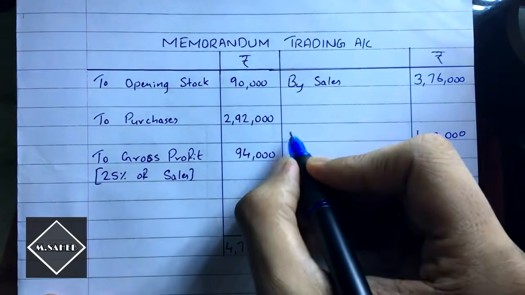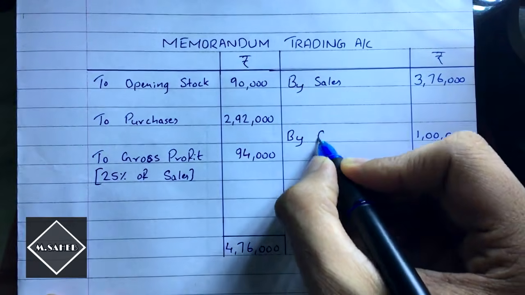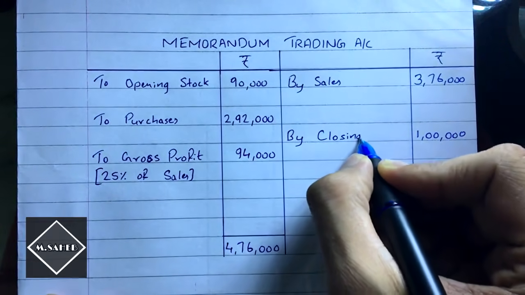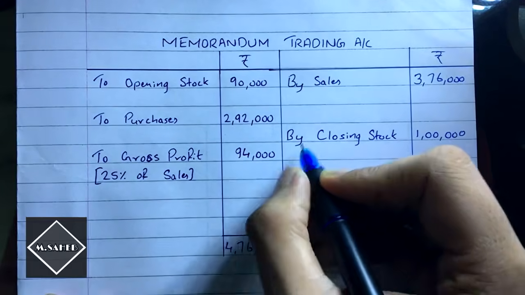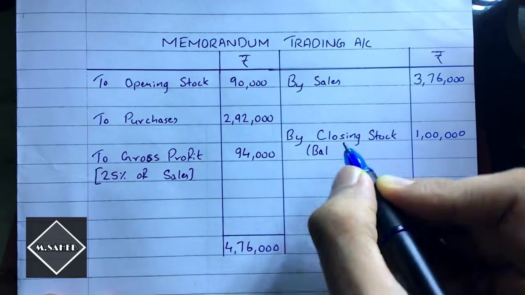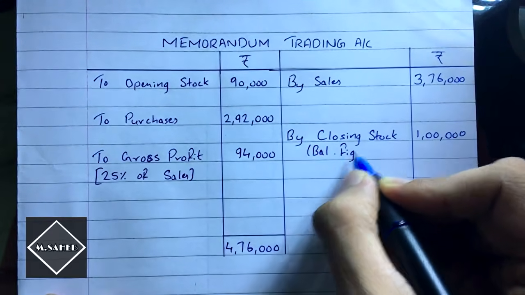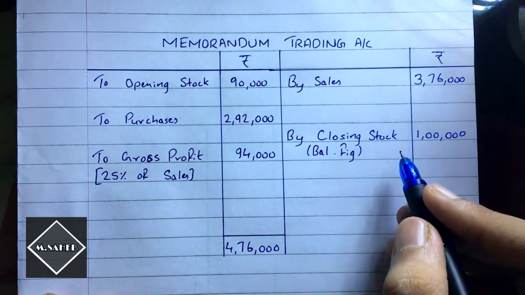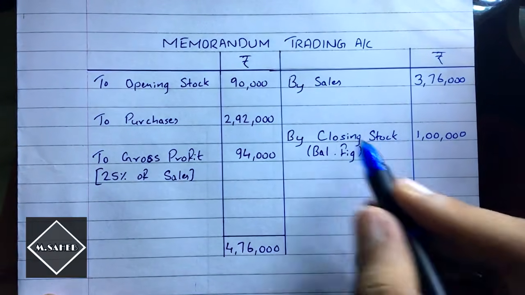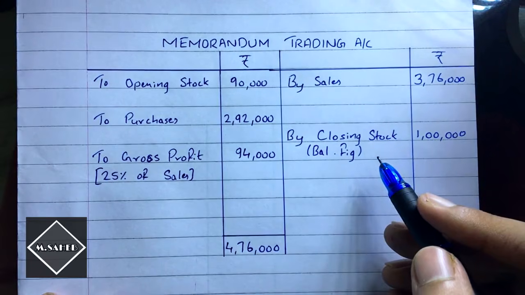This will be the closing stock by closing stock, and this is the balancing figure. So we found out the closing stock from the memorandum trading account. Easy, right?